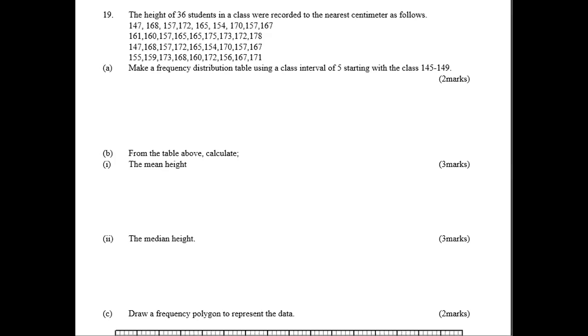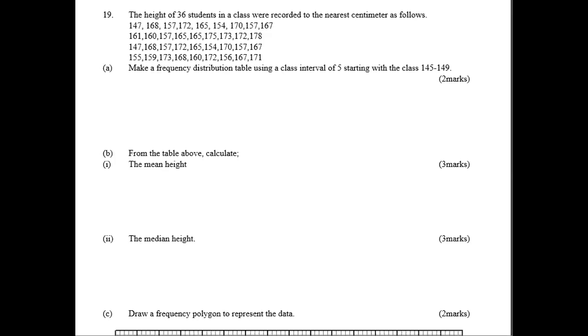I want to confirm, for the purposes of agreement, that the frequencies are 2, 2, 8, 3, 10, 9, 2, total 36. Summation of fx, I got 5912.